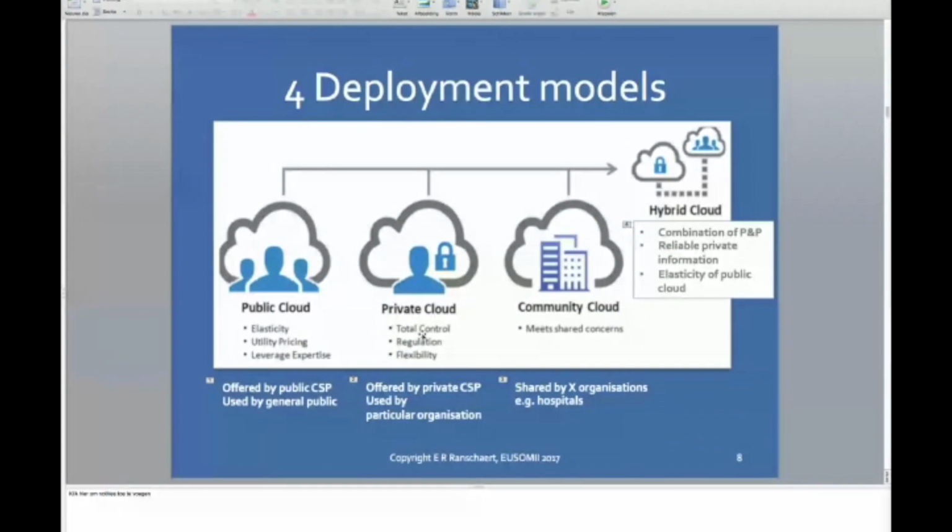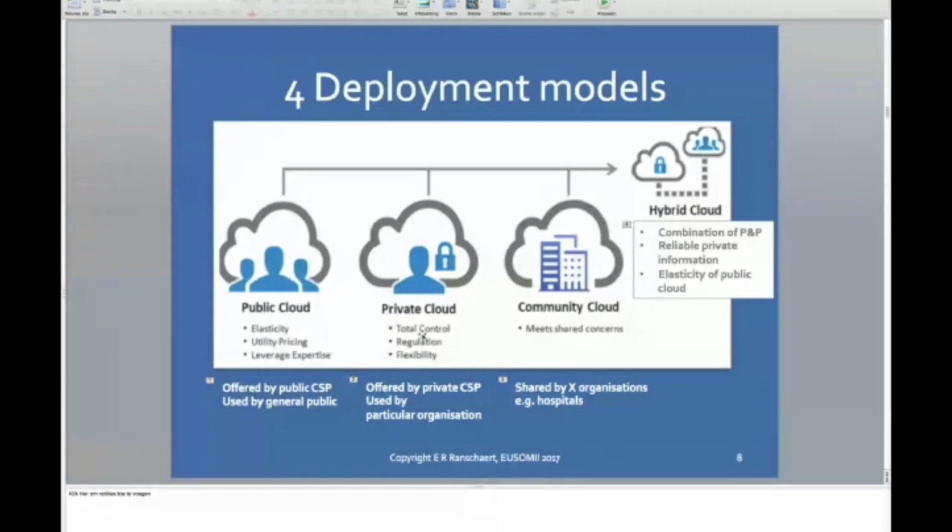So we have 3 and 5 already, but there are 4 deployment models, and these are the following. The first one we already know from daily use. It's the public cloud. It's offered by public cloud service providers, and everybody is using it. I'm talking about services like Netflix, for example, or Spotify, Dropbox and Google Drive.